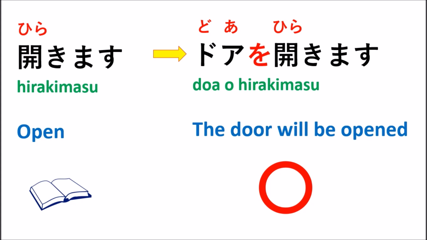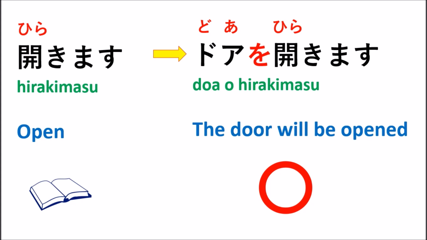For example, Tanaka-san wa door o hirakimasu means Tanaka-san opened the door. But when you enter the Family Mart, you see that the door opens automatically. That means you can use door ga hirakimasu or door ga akimasu. That is the difference between akimasu and hirakimasu.